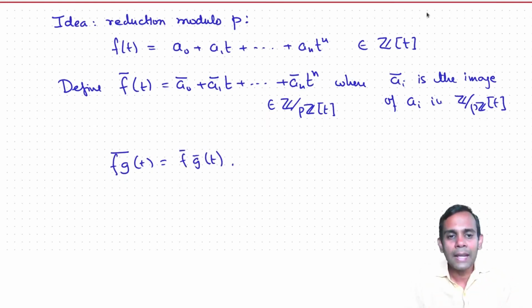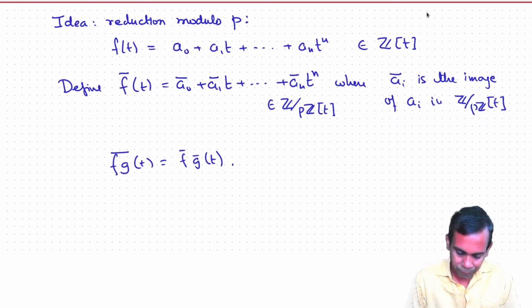Now to say that a polynomial is primitive, it's enough to show that for every prime p, its reduction modulo p is non-zero, because that would mean that the prime p does not divide all of its coefficients.